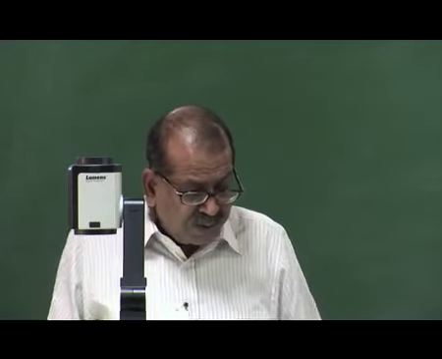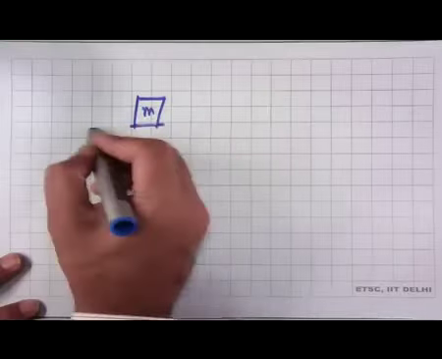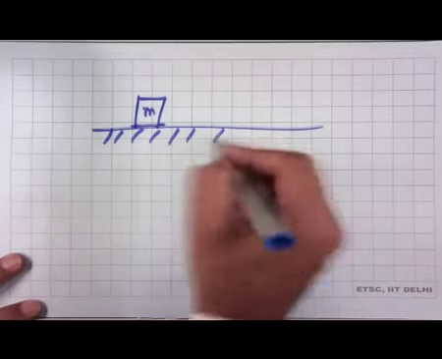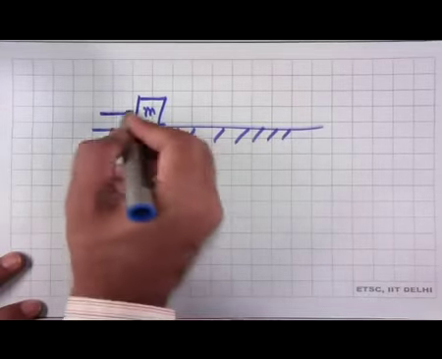Let us look at one more simple example. We have a block of mass m on a floor with friction.